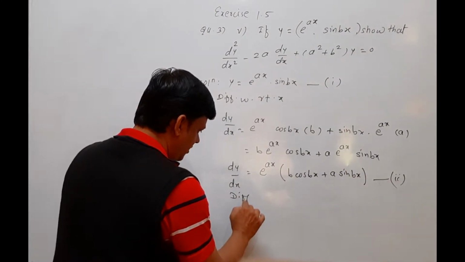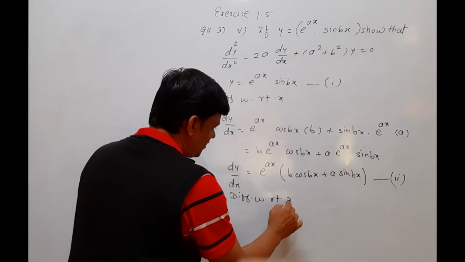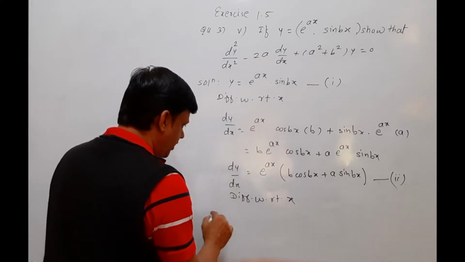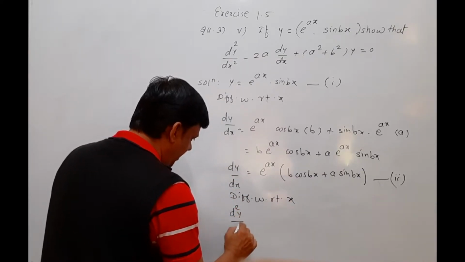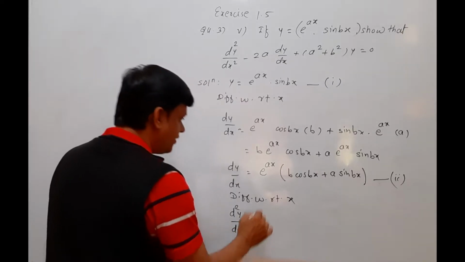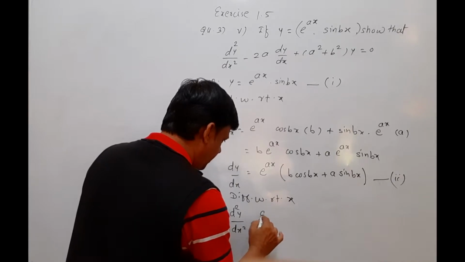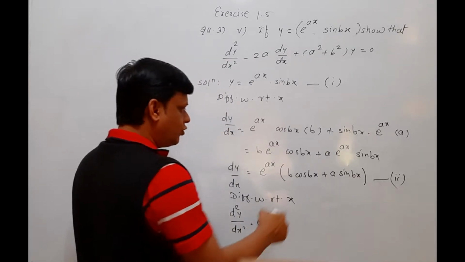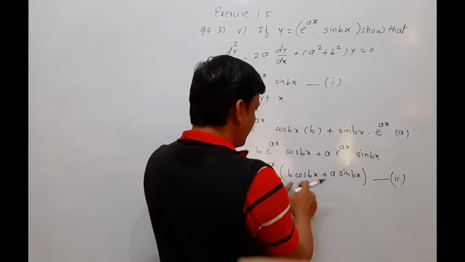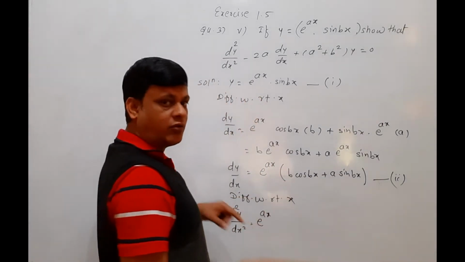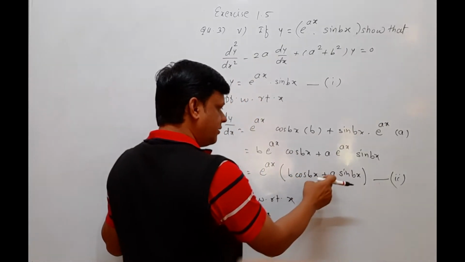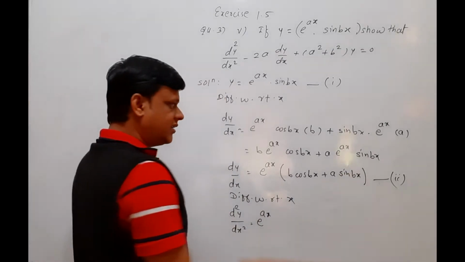So further we differentiate equation number second with respect to x. The derivative of dy by dx gives d2y by dx2. Here we have to apply the product rule again. So first function, that is e raised to the power ax, into derivative of this bracket. While calculating the derivative of the bracket, we apply derivative of first term plus derivative of second term, that is the addition rule.